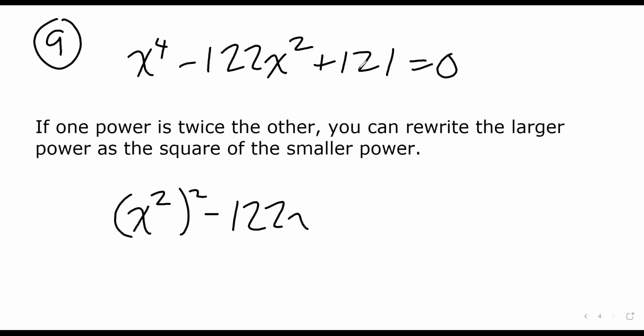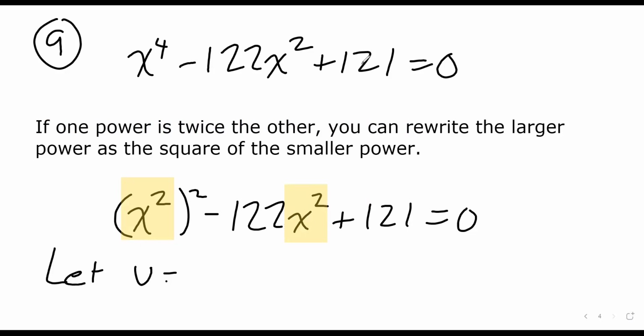And what that does is it exposes 2 matching parts. And then you would finish it. So I'm just going to wrap this one up by saying, let u equal x squared and proceed as before.